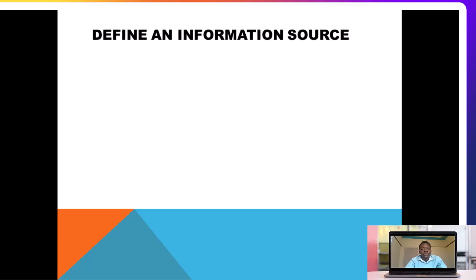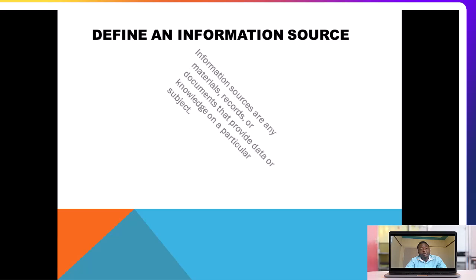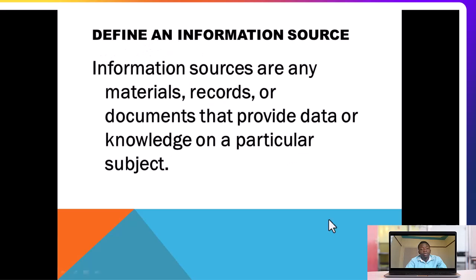The first thing we're going to learn here is how to define an information source. What is an information source? If we do not know the meaning of an information source, then we do not know what we are talking about.